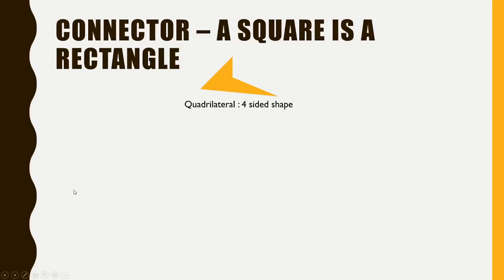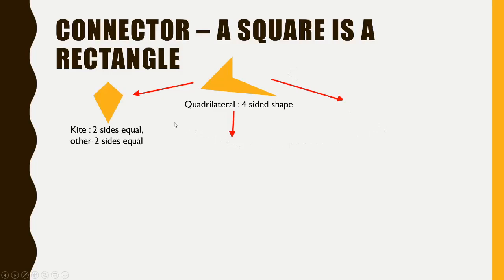So a quadrilateral is any four-sided shape. Quad meaning four. So any four-sided shape is a quadrilateral. Now, generally we can break quadrilaterals up into different types. One being a kite, where we've got these two sides are equal, and these two sides are equal.